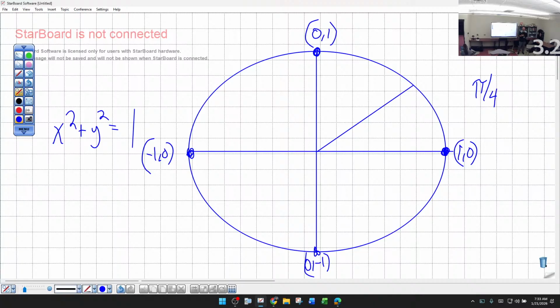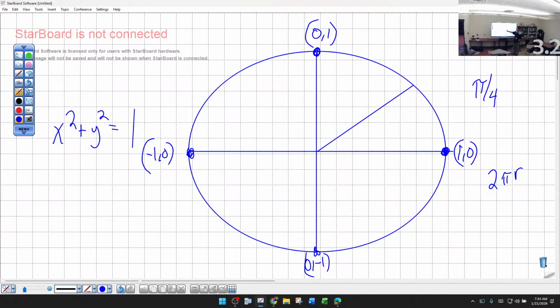It's the circumference of a circle, 2 pi r, where r is 1, because it's the radius. That's a unit circle. So 2 pi is all the way around, so halfway is pi. If halfway is pi, then half of that half is pi over 2, and half of that is pi over 4.